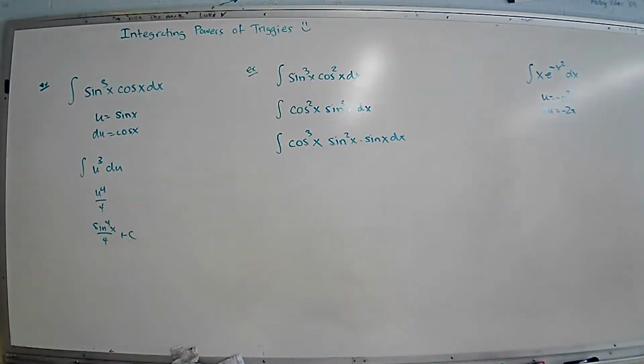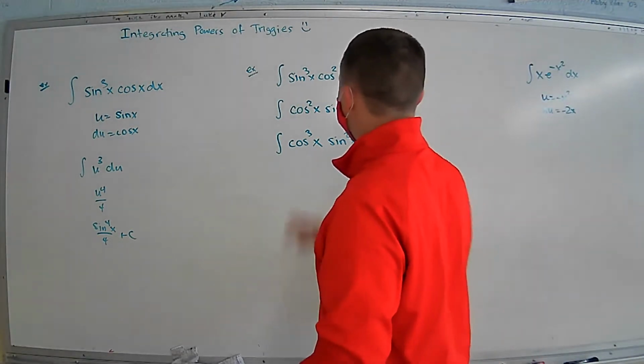And you may ask yourself, why did you do that? Do you see why I did that, Billy? No, I'm confused on why cosine squared became cosine cubed. Oh, that's because I'm stupid.